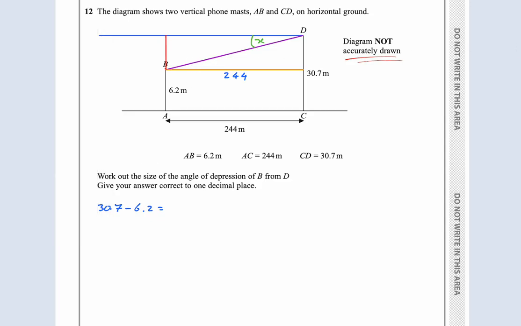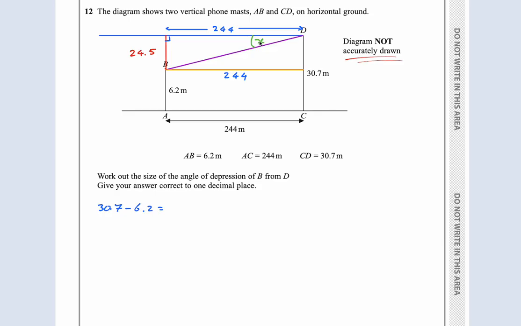So this red value here is 24.5. Now I have this. This is a right angle. This is 24.5. This is 244, just from here to here, because it's the same as that.